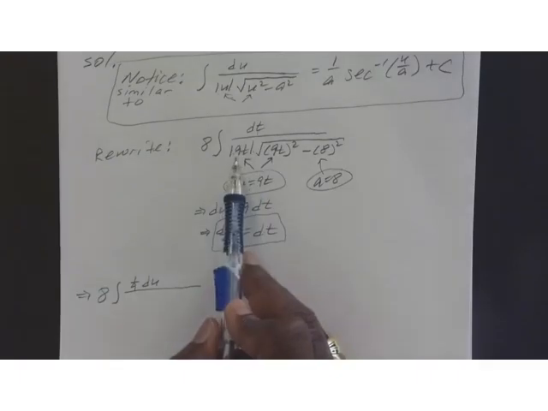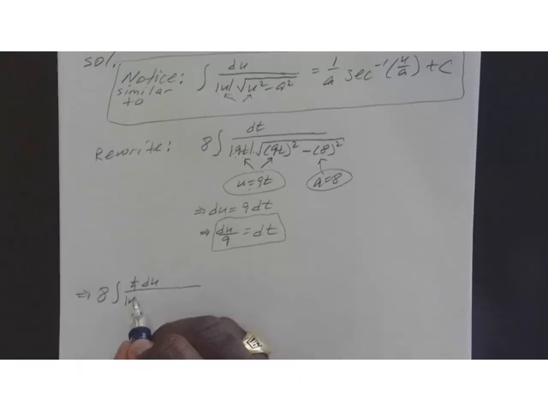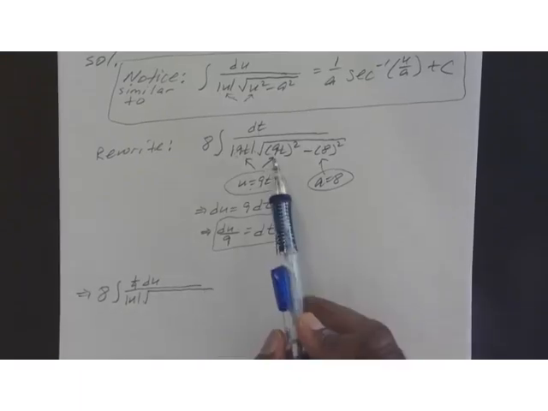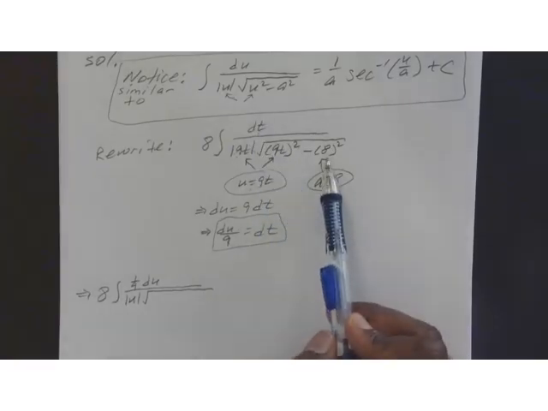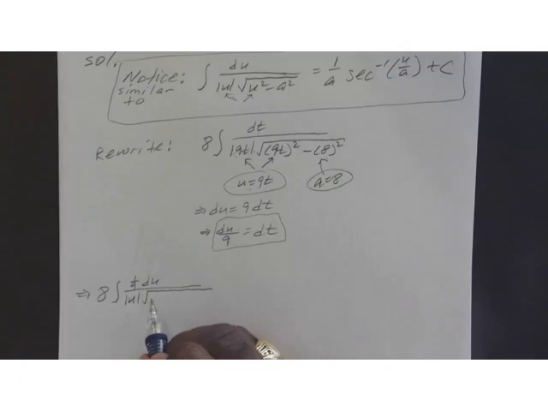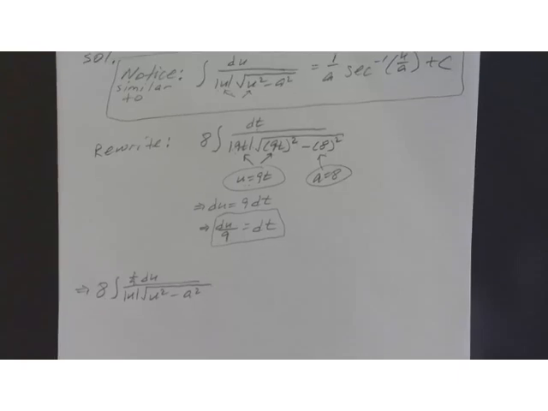Divided by, you have your absolute value of 9t, which is your u, times the square root of 9t squared. So we know that's u squared minus a squared. And that 1/9, we're going to go ahead and factor that out to the front.